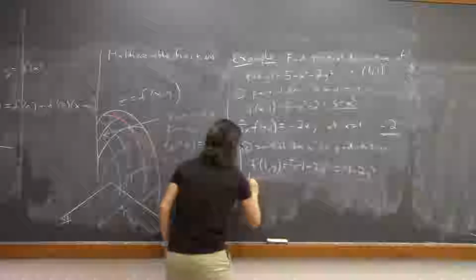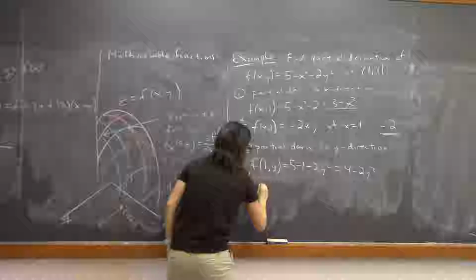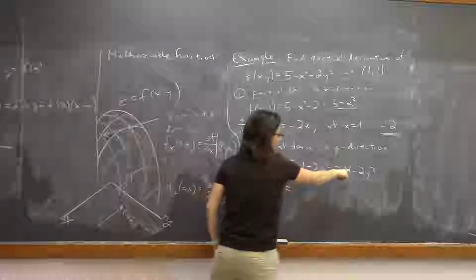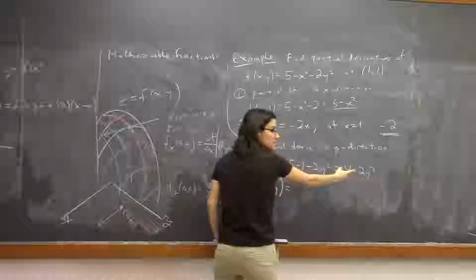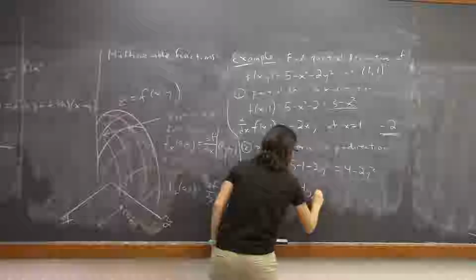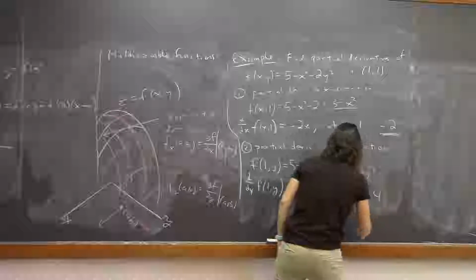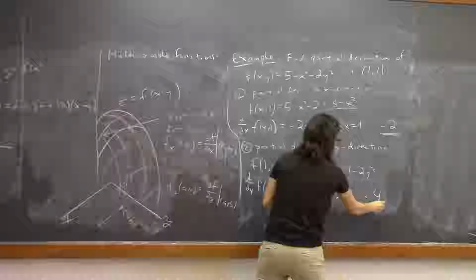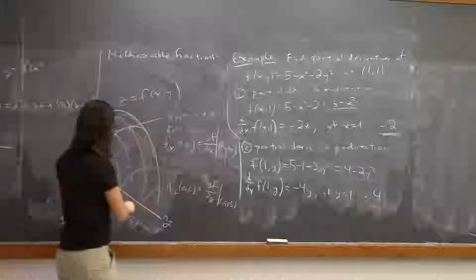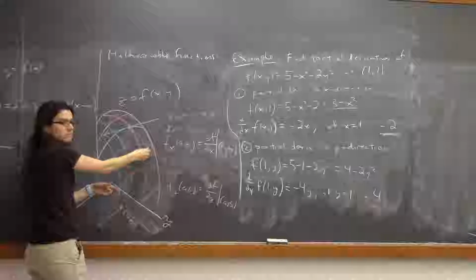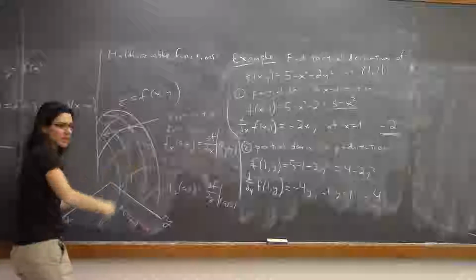So the derivative with respect to y of f of 1 comma y, the derivative of this thing with respect to y, is negative 4y, and at y equals 1 is negative 4. So that tells you that if you are walking in the positive y direction, your slope would be negative 4. Pretty plausible.